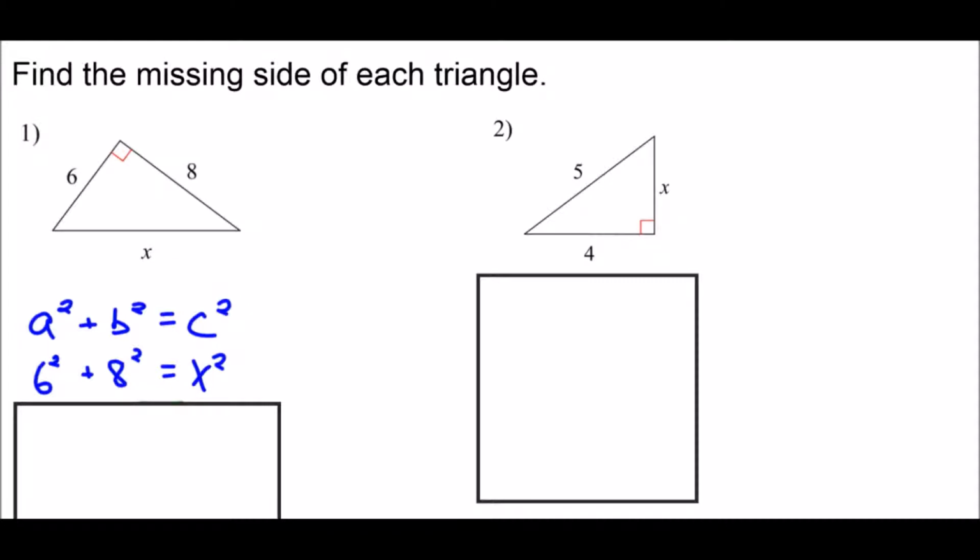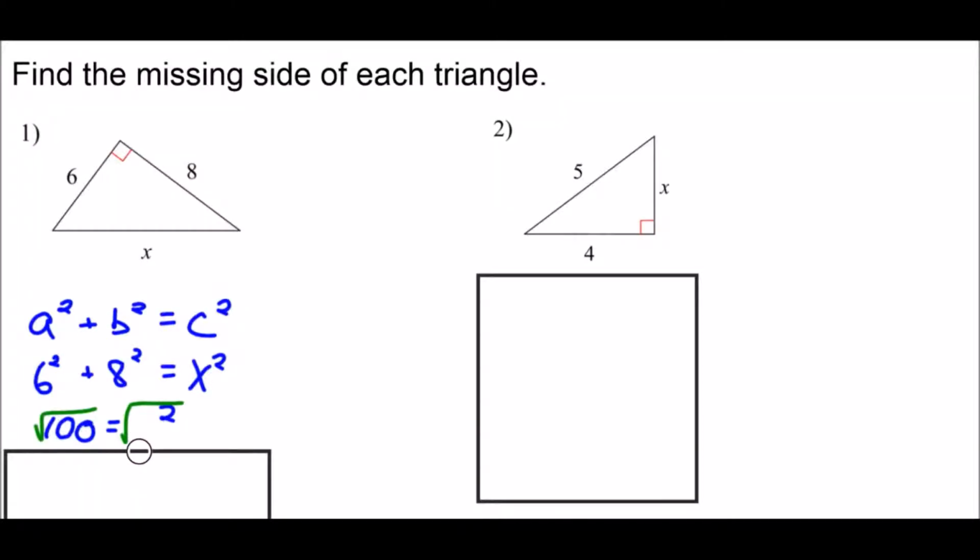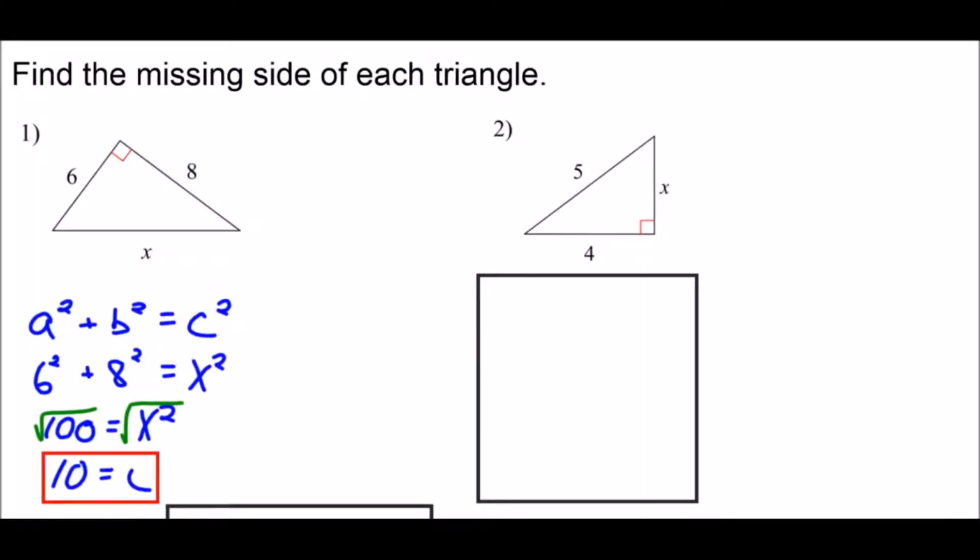We're adding those together, so you get 100. The 100 equals x squared. But we're trying to solve for x, so the next step is to take the square root of both sides. The square root of 100 is 10, so x equals 10. There you go.